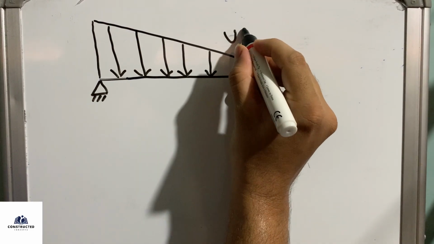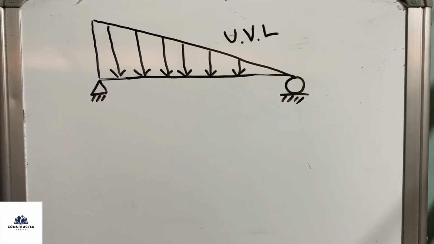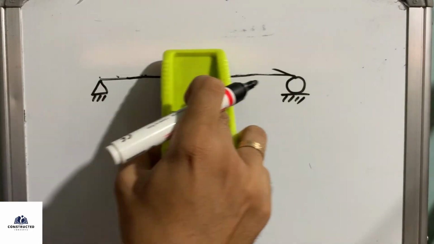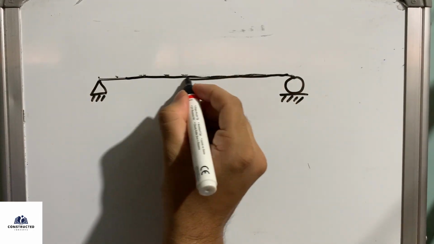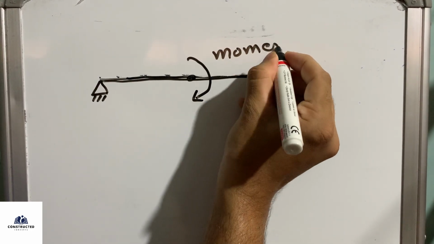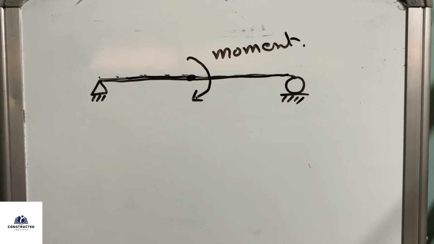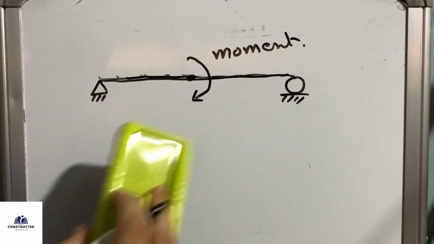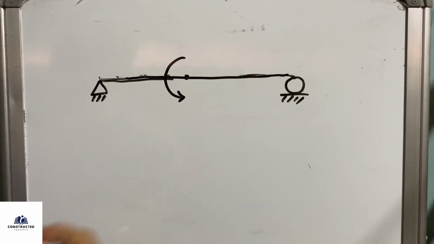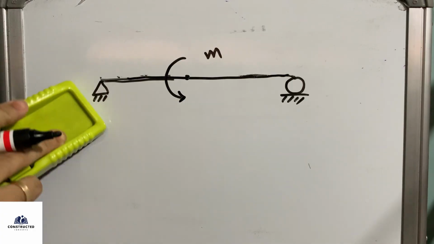Means first it has some value, then with the length it is decreasing or increasing. This one is moment. It can be anti-clockwise or clockwise. By observing whether it is anti-clockwise or clockwise, we can change the signs.